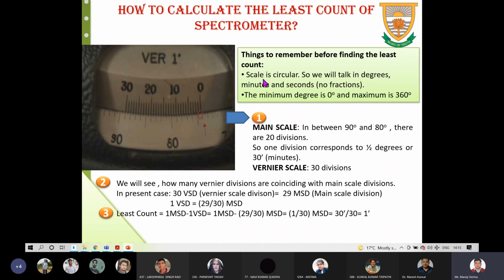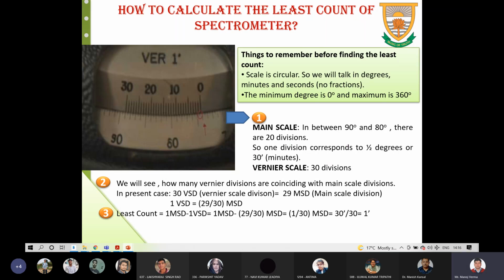As the scale is circular, we will talk in degrees, minutes and seconds. The minimum degree is 0 and maximum is 360. The whole circle will complete 360 degrees. Now in each spectrometer this can slightly change, but for this figure, in between 90 and 80 degrees there are 20 divisions.